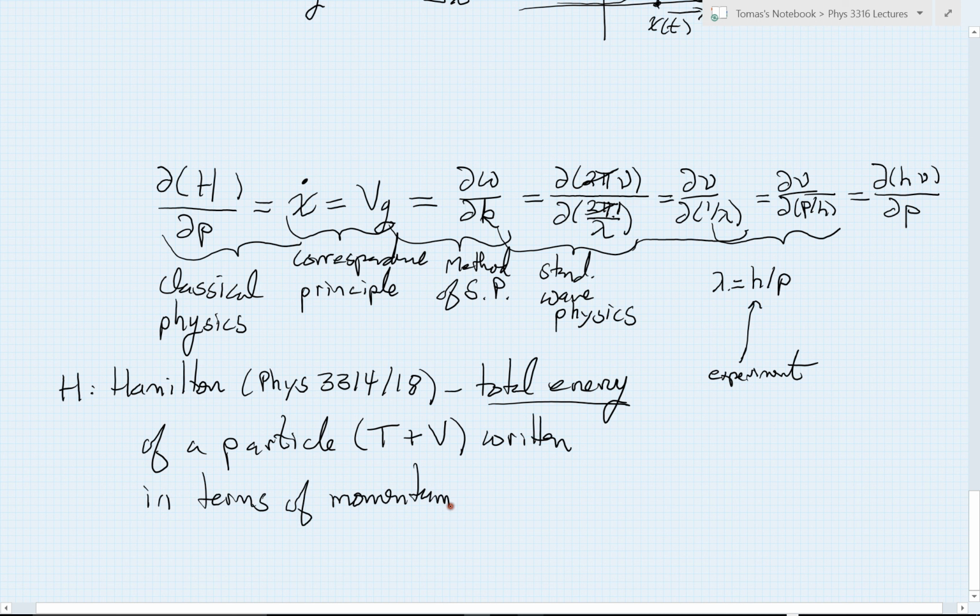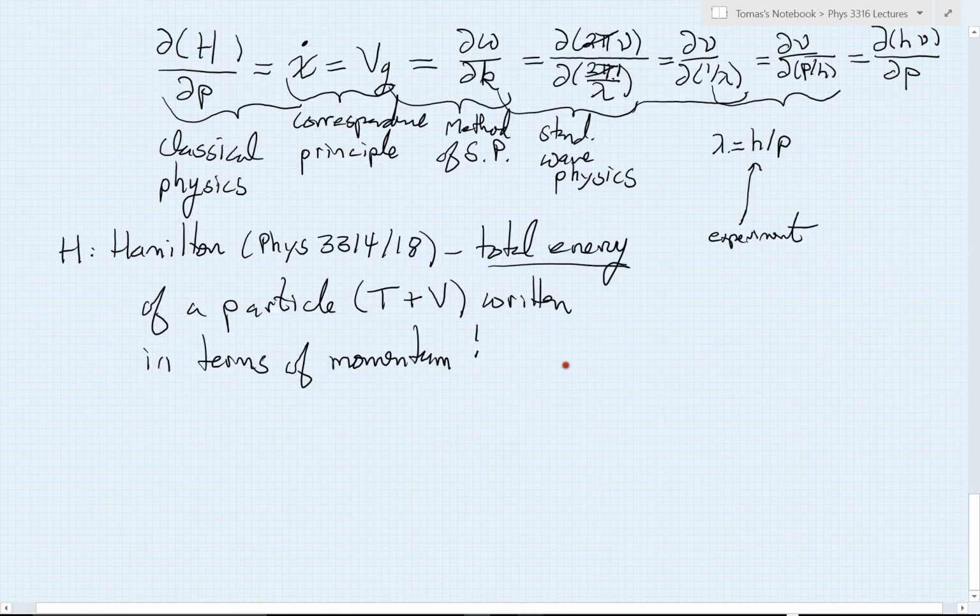So it's exactly what we are looking for, right? I need something that's written in terms of momentum so that I can take a partial momentum derivative. And I need something that has units of energy. And there is exactly this quantity. And if I select my frequencies nu so that h nu gives me my Hamiltonian, I exactly recover the correspondence principle. My wave packets can track my particles.